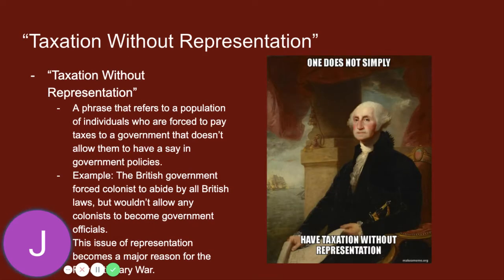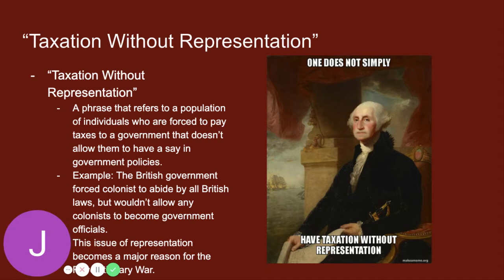Taxation without representation. This is a phrase that refers to a population of individuals, like the colonists, who are forced to pay taxes to a government, Great Britain, that doesn't allow them to have a say in government policies. For example, the British government forced colonists to abide by all British laws, but wouldn't allow any colonists to become government officials.